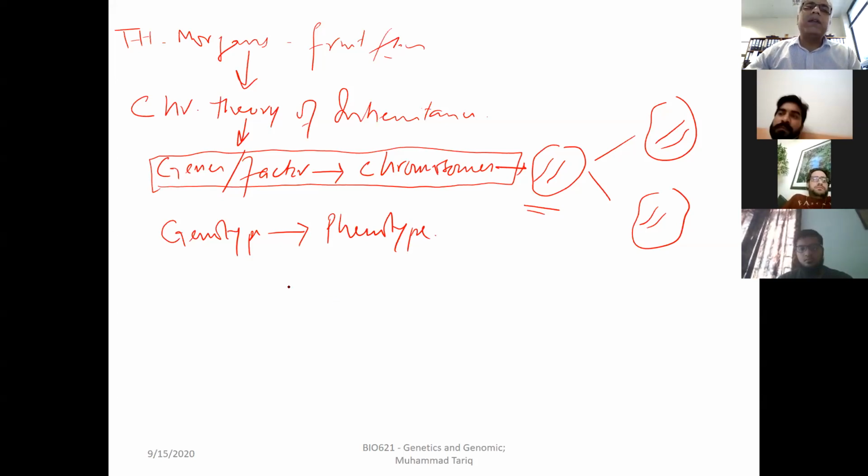I would like to quickly remind you that Mendel was rediscovered because of the discovery of meiosis, because of the discovery of chromosomes.